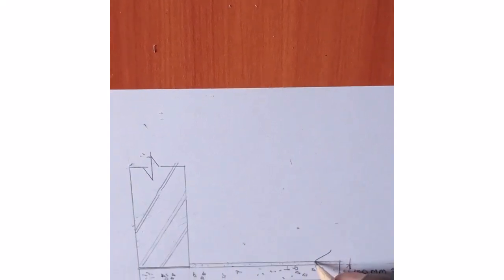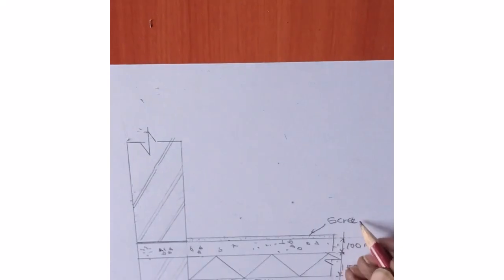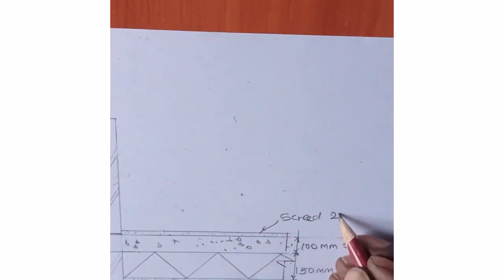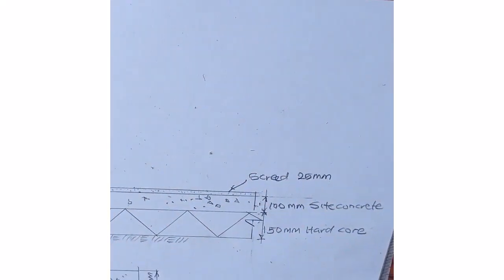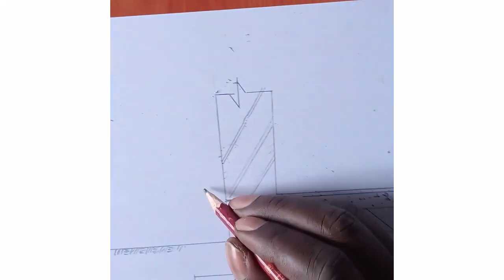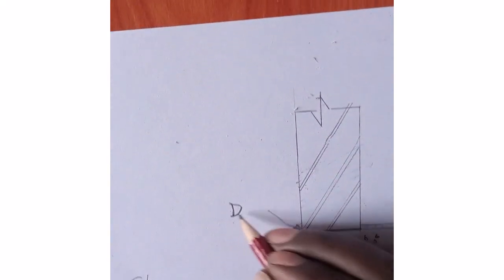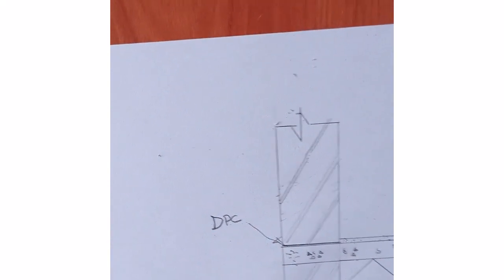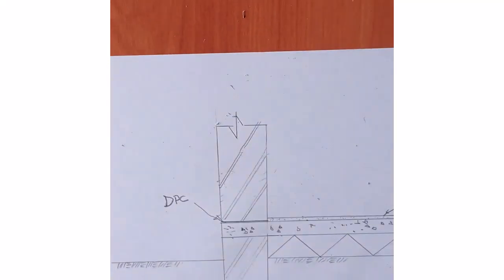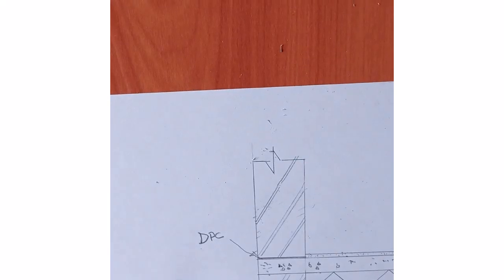And then the next one here is the screed. This is 25 millimeter. That is the screed. Then we have here our DPC. We need that. Then this is our external wall, and the thickness is 230.